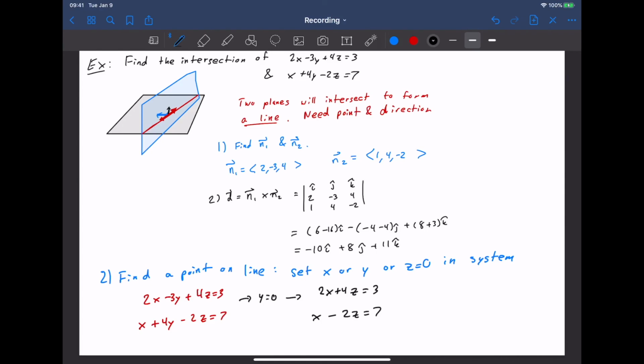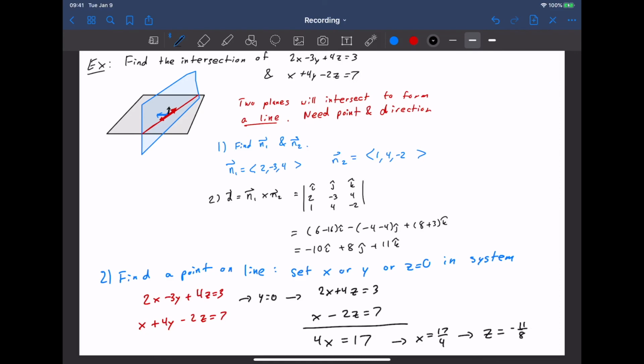If I multiply by 2 and add, I'm going to get 4x equals 17. Sorry, that's an uglier number than I thought. x would be 17/4. If I plug that back in, I get z equals -11/8.